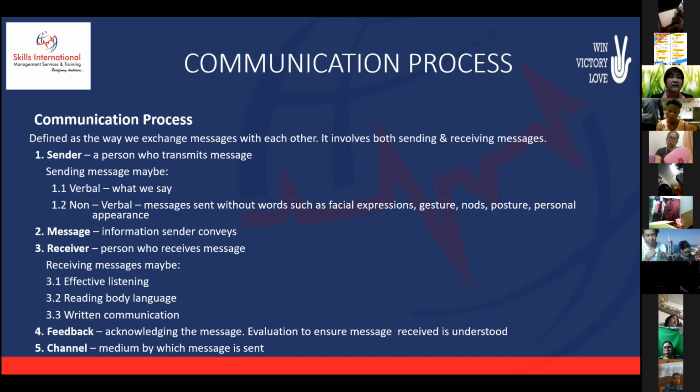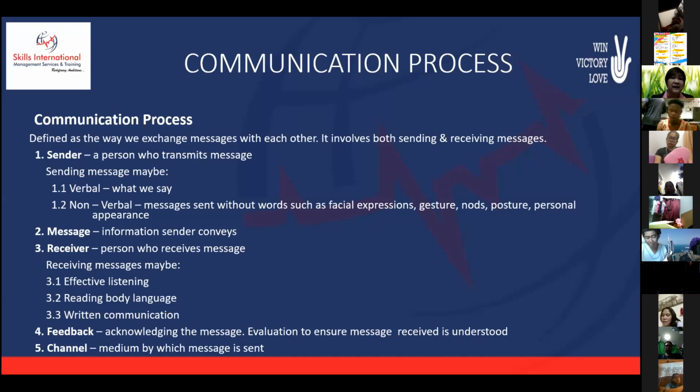We want to get the feedback. We want to know the outcome. The last is the channel. The channel is a medium by which we send the message. Channel means, for example, SMS, email, or written papers.